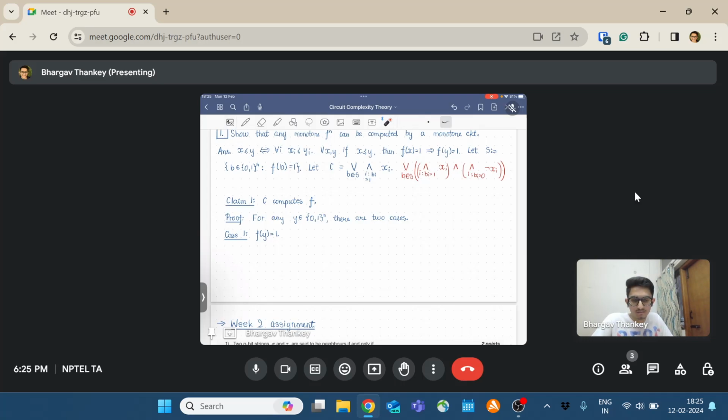I didn't get this. What do you mean by that? Okay, so this circuit is an OR of AND gates. I want to show that this circuit is one. So even if I can show that one of these AND gates evaluates to one when I plug in y, I'm done, right? Yes. So can you find one AND gate which would be one when I plug in y?